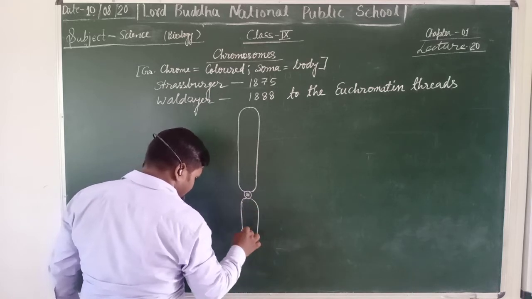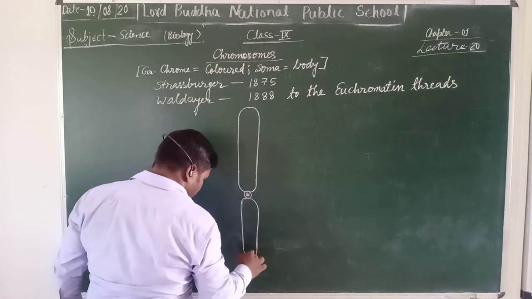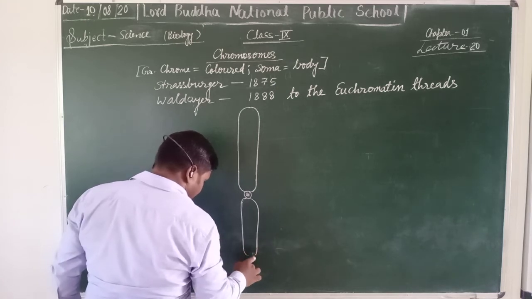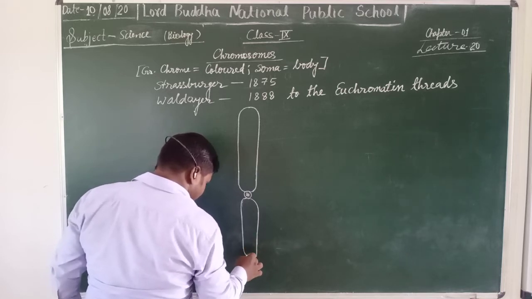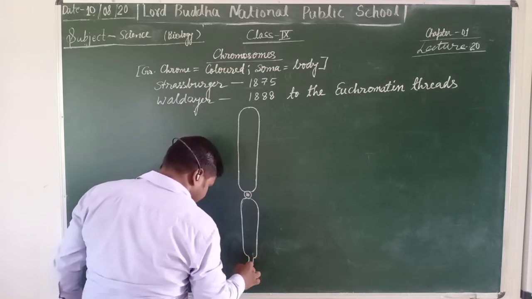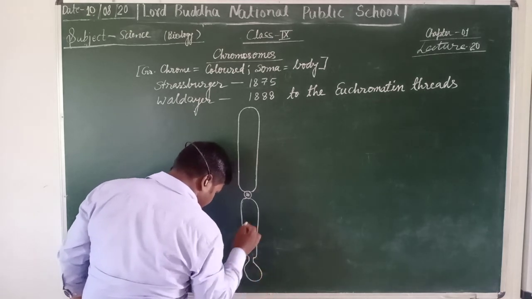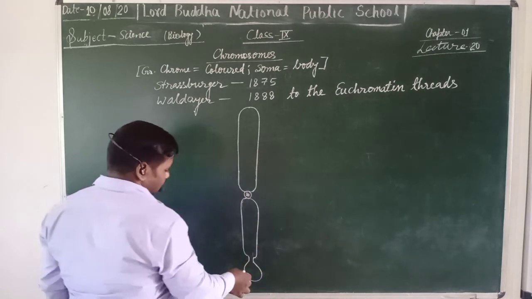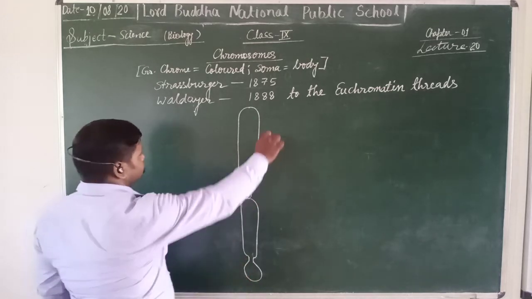More than one chromatid may be present in a chromosome, and at the end of each chromosome a spherical body is present that is called the satellite. This is the outermost covering of the chromosome.